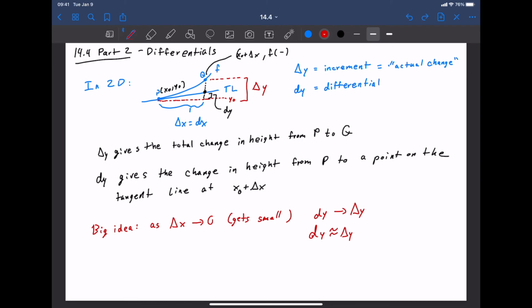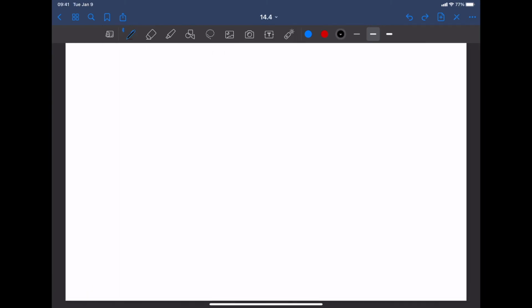The main reason we're interested in studying the differential is because it's usually easier to calculate. So one of the reasons these are easy to calculate is because we get a nice formula by abusing the notation here, literally. So if f prime of x is dy over dx, then we can solve for dy by multiplying both sides by dx, the differential for x.